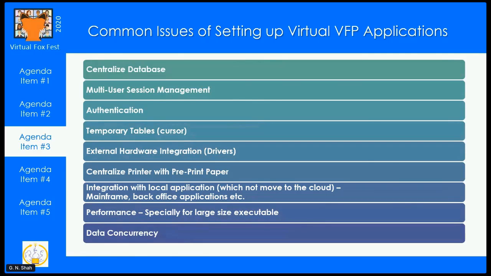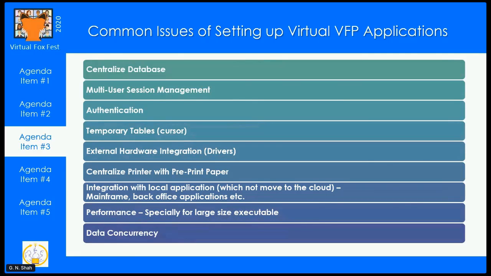Authentication: you will have two types of authentication. One is your application authentication that you have developed, but you also have another authentication that you need to log into AppStream. And that's something I personally think is favorable because you can have multi-factor authentication with that as well.